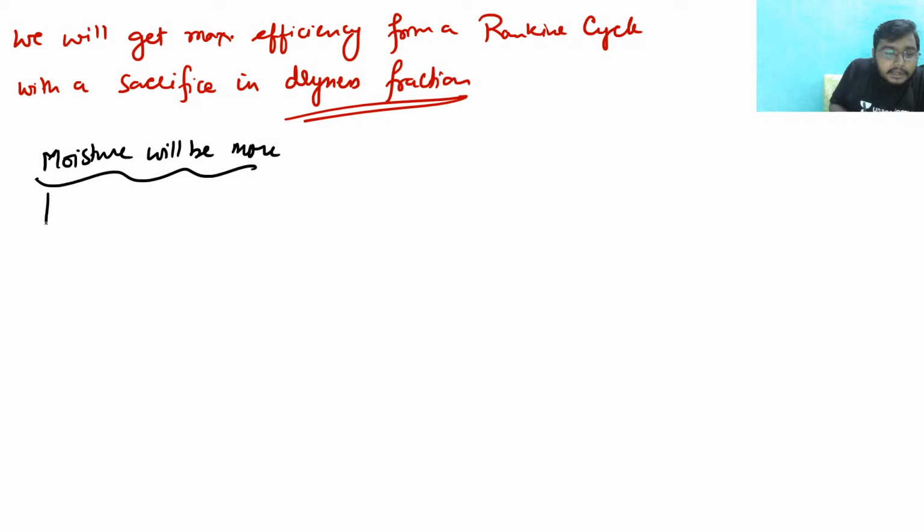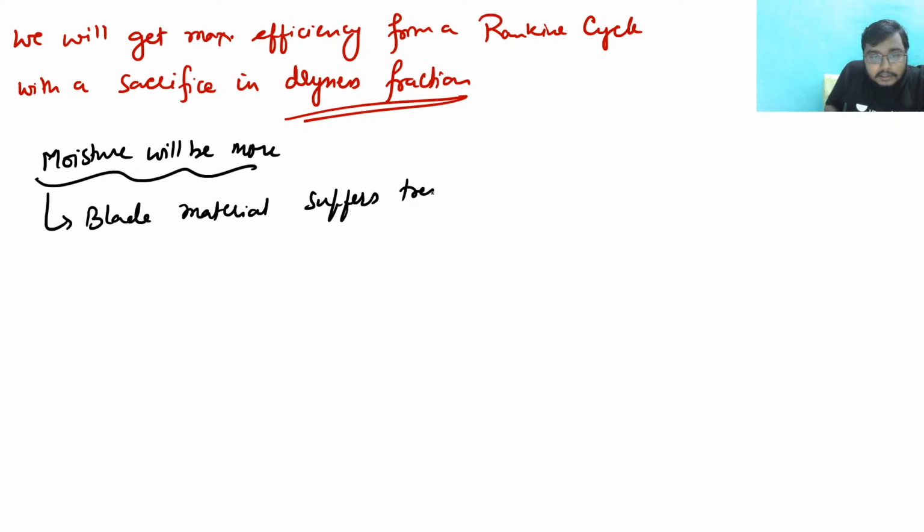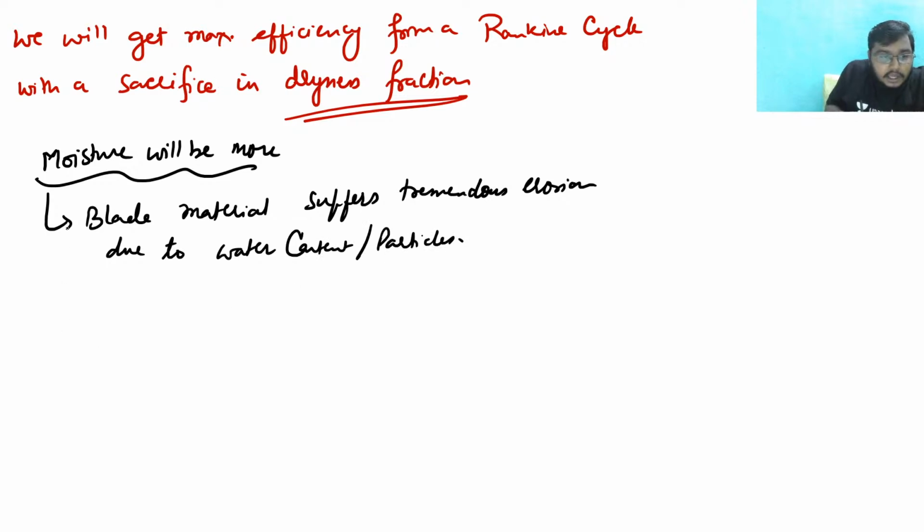Blade material suffers tremendous erosion due to water content or particles, whatever is there. Now see, if that is the condition, there is also a condition of corrosion, right? So corrosion occurs.